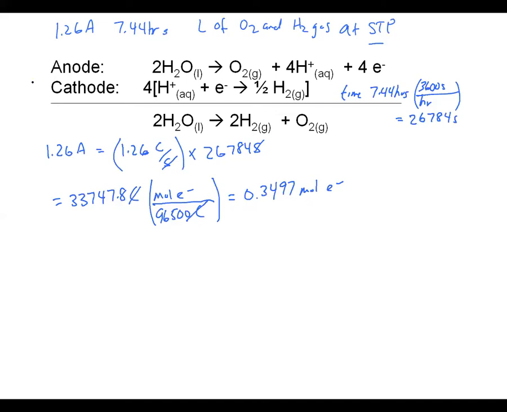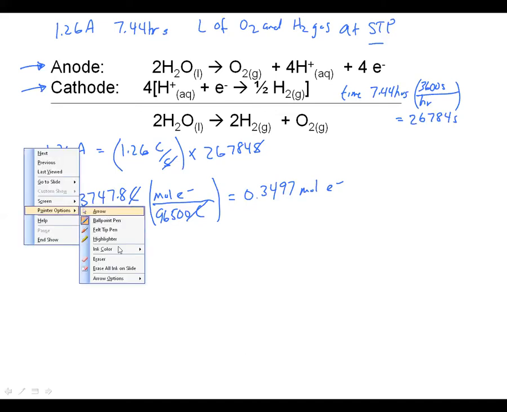Now, at this point is where you decide what you're interested in. And in this particular problem, we're interested in both things here. So this is where we're going to use our half reactions. And you want them to be balanced half reactions to go from moles of electrons to moles of each of the substances we're interested in.